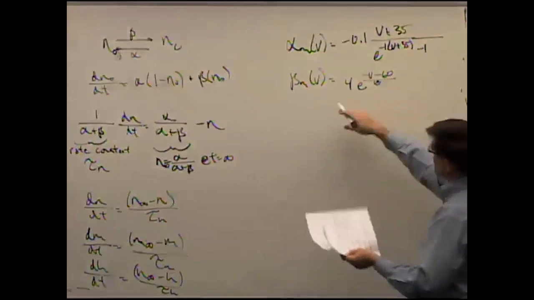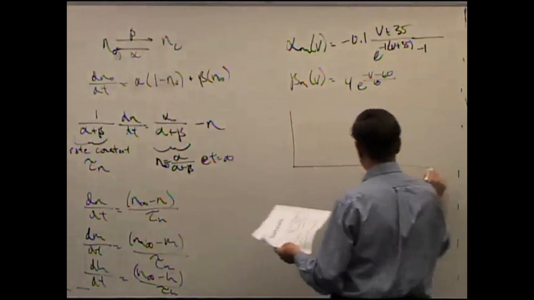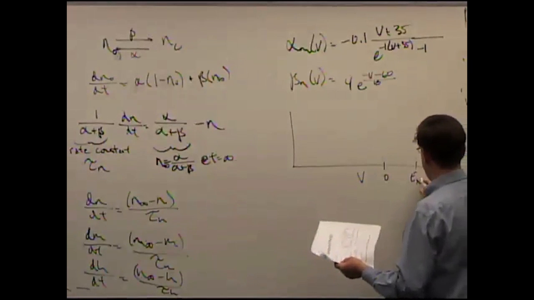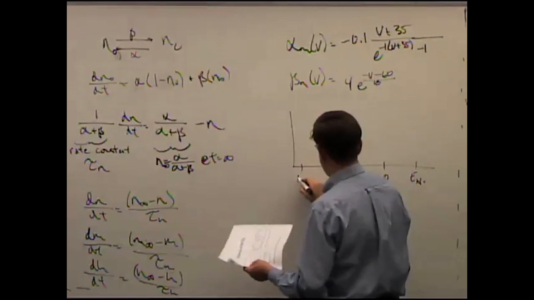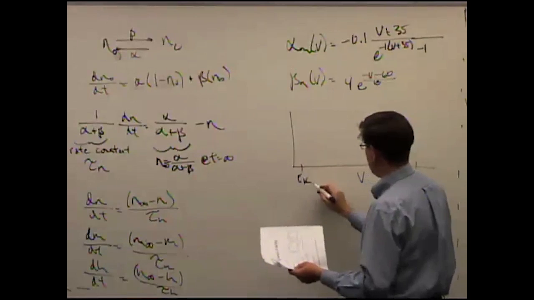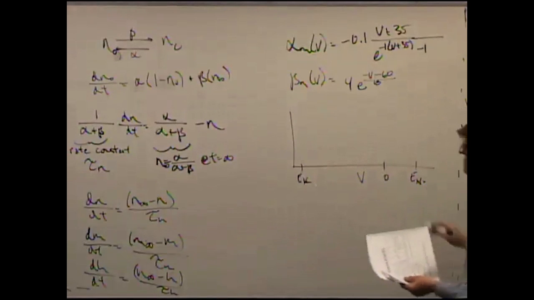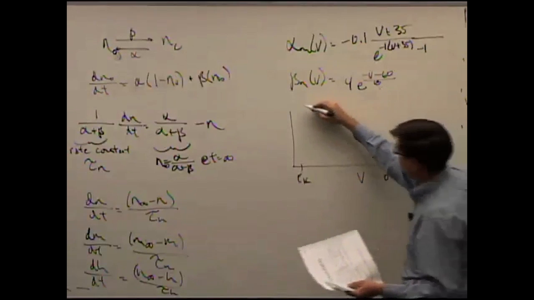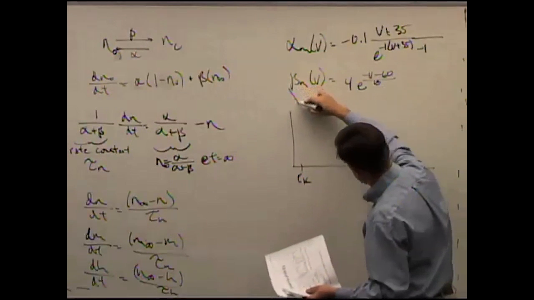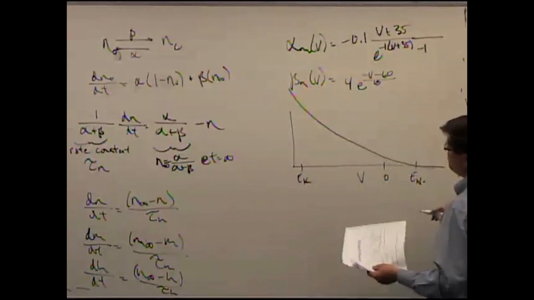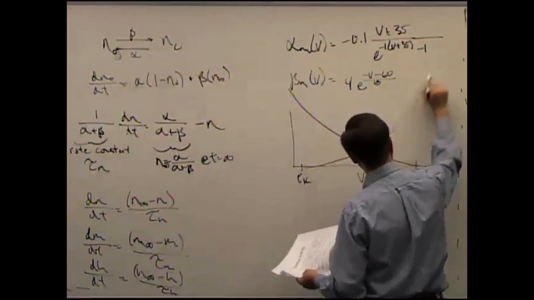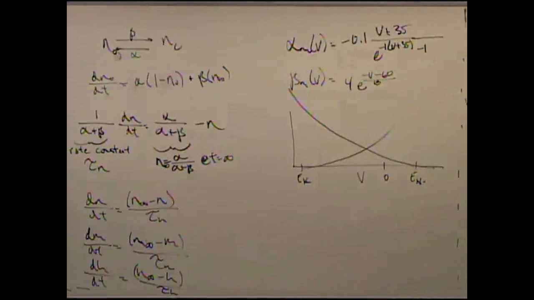If we were to plot this as a function of voltage, let's set 0 here. This is ENA, this is EK here. And we plot beta m. Beta m starts off at negative voltages very large, and alpha m goes up like this.